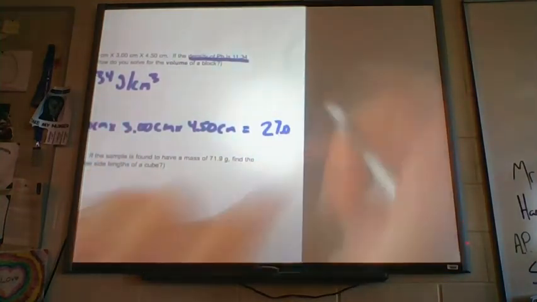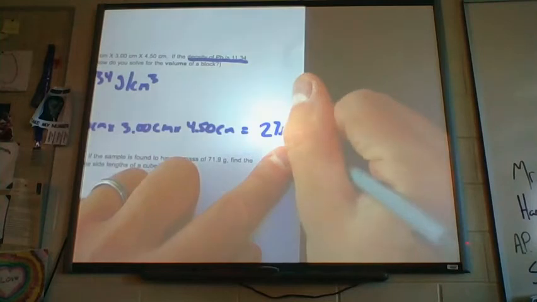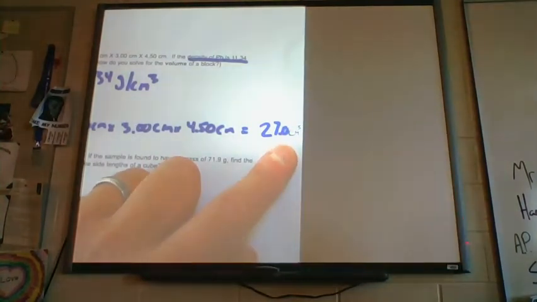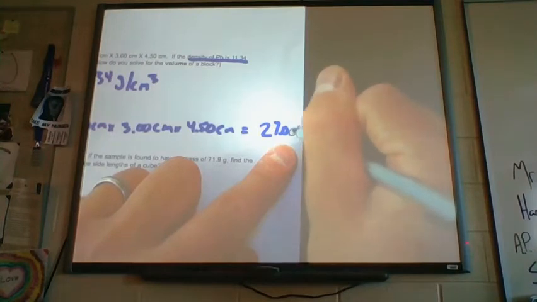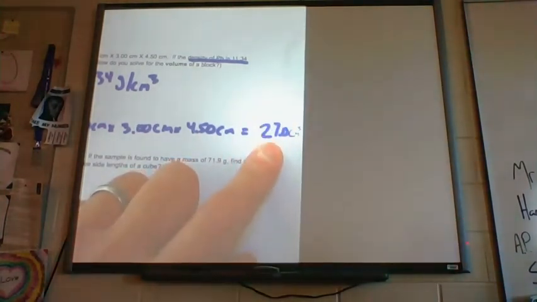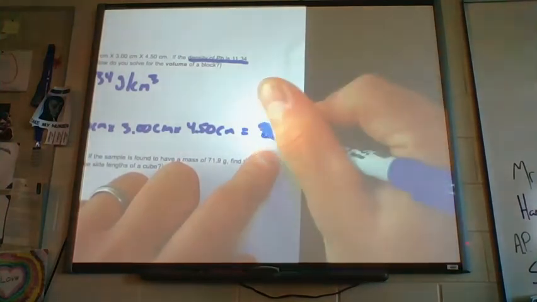Writing a little too big here. 27 centimeters cubed. Had to switch to a skinny little pen here. All right, 27 centimeters cubed. This is going to be your volume, right?